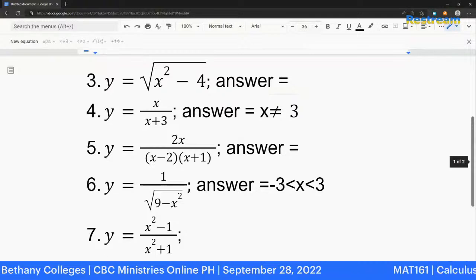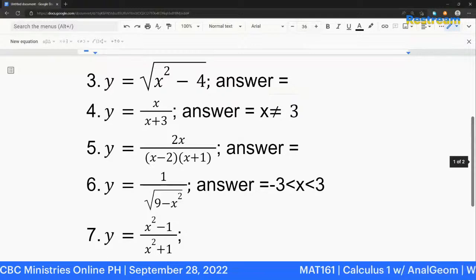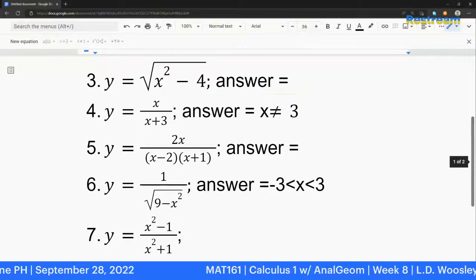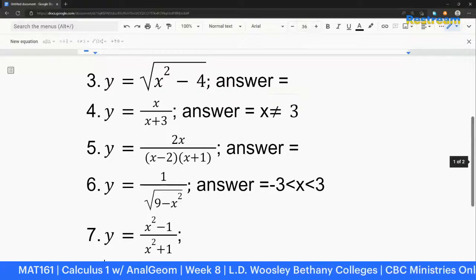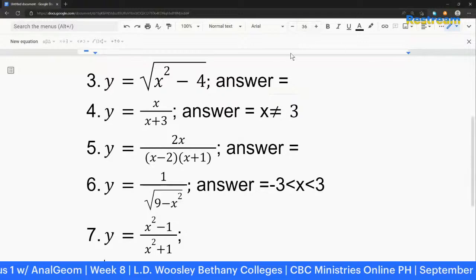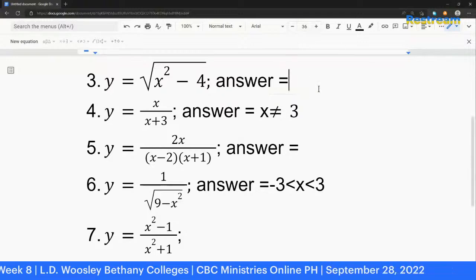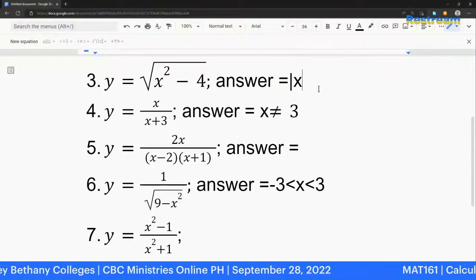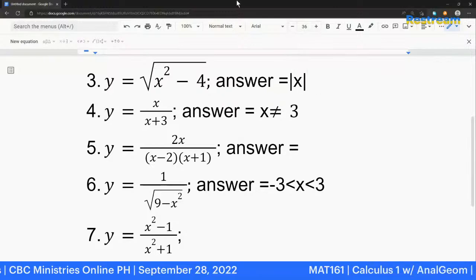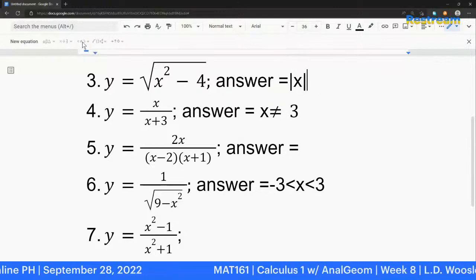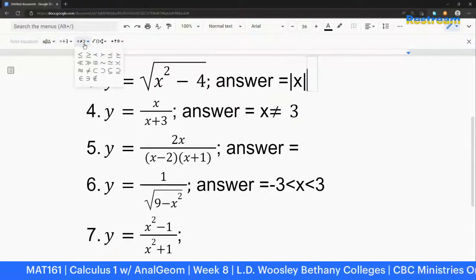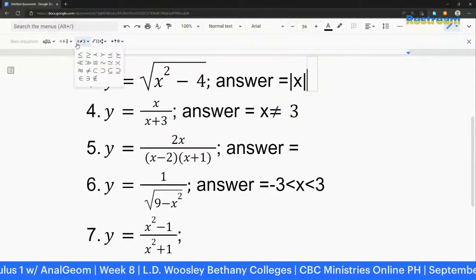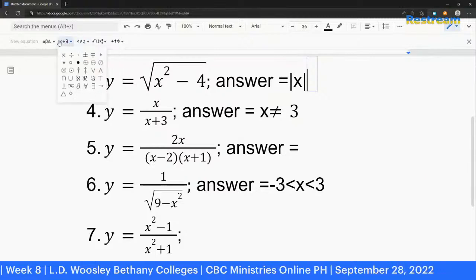Okay, please answer number 7. Nora, can I hear from you, Nora? About number 5. So ito parang ibang symbol yun.